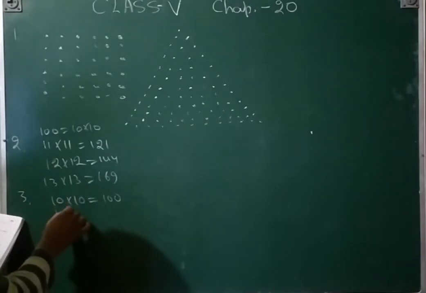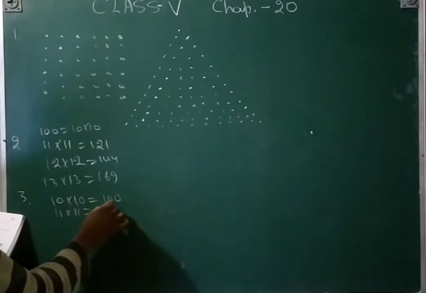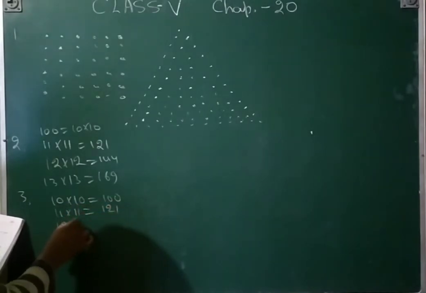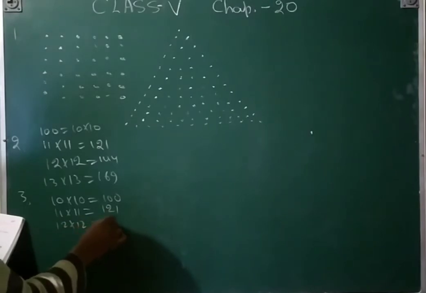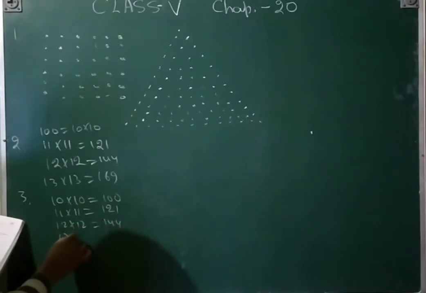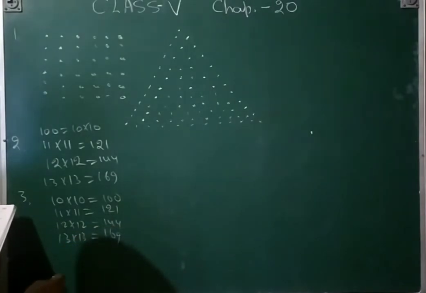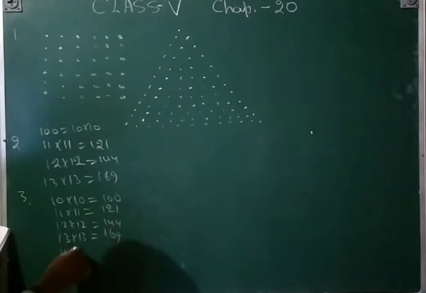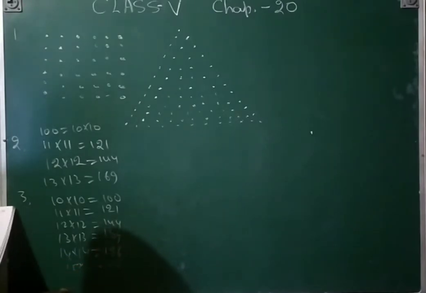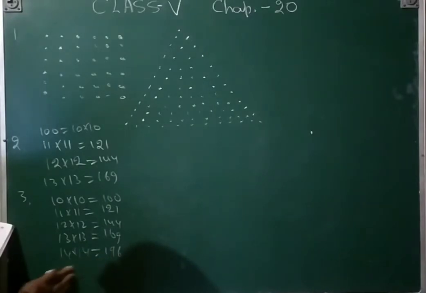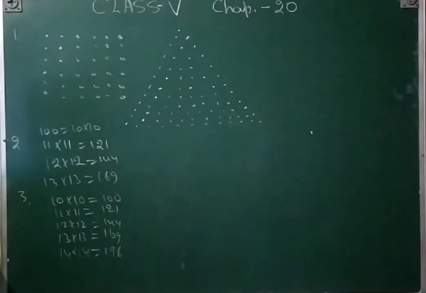Then 11 into 11 is 121, 12 into 12 is 144, 13 into 13 is 169, and 14 into 14 is 196. Then 15 multiply 15 is 225, which is greater than 198, so we will not write that one. We will leave it here.